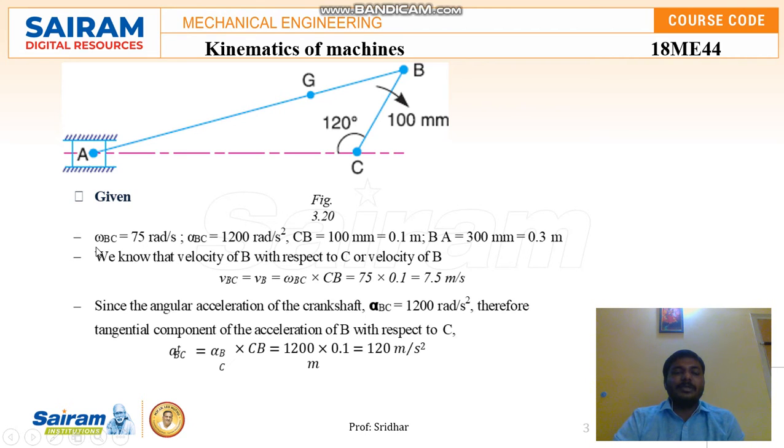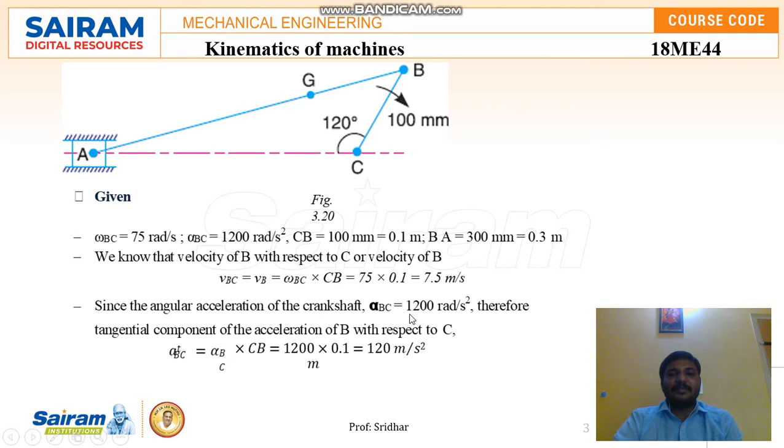The omega BC, that is the angular velocity, is 75 radians per second into 0.1, the distance between C and B. The value will be 7.5 meters per second. So that is the velocity vector BC.